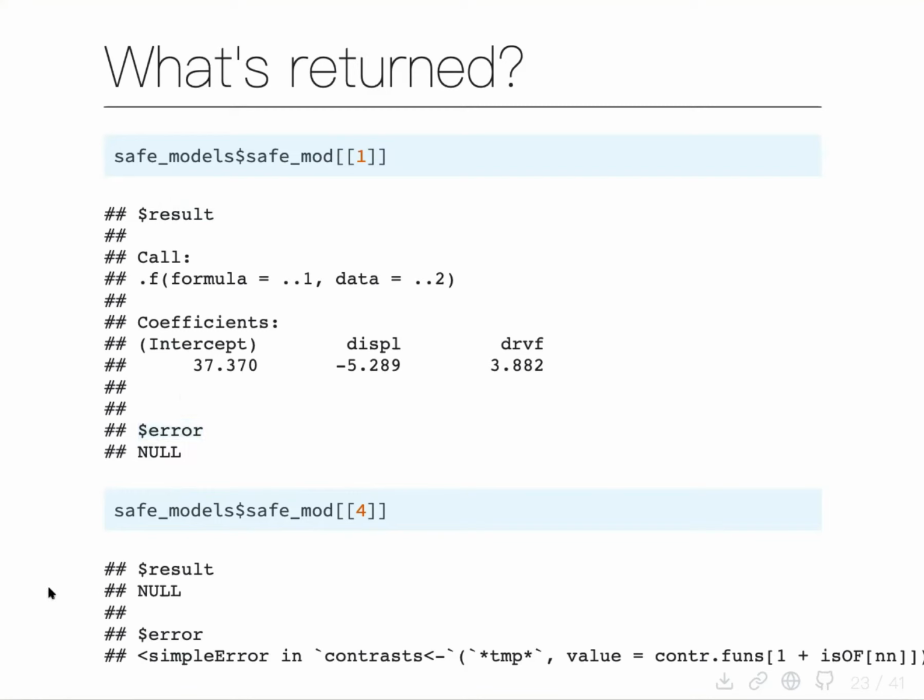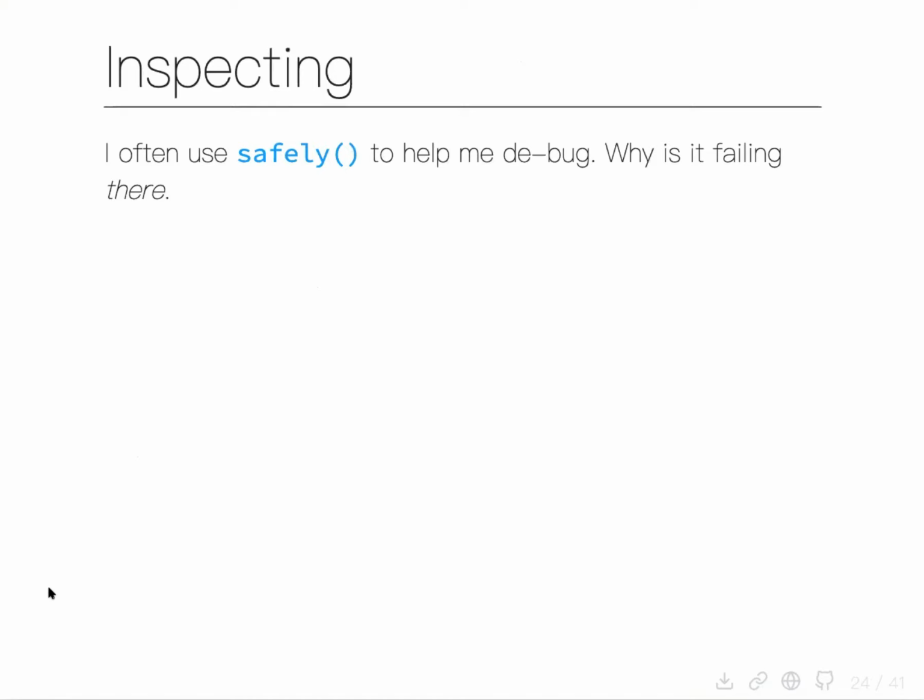If all we really want to do is return the cases where we have the results, then we're most of the way there already. The only thing we might want to do is subset our data frame to only those that have valid results. But I often use it for debugging. Why is it failing at this specific place?